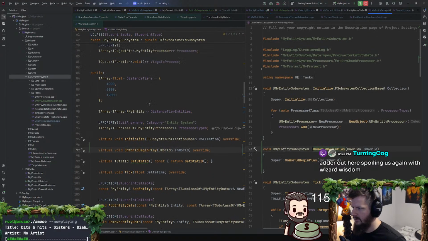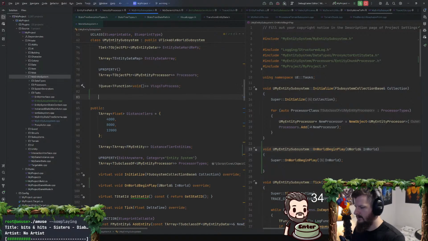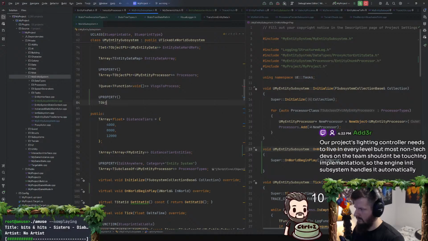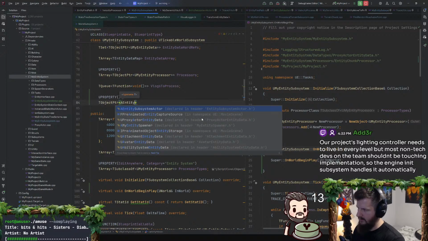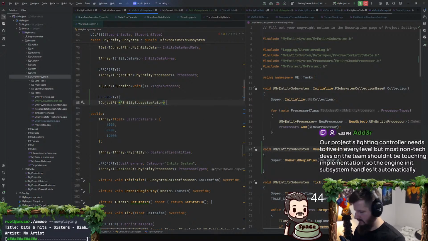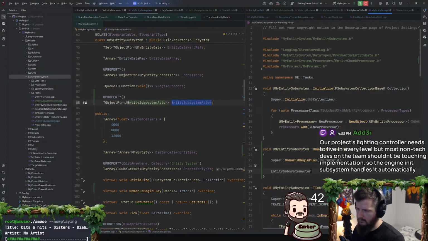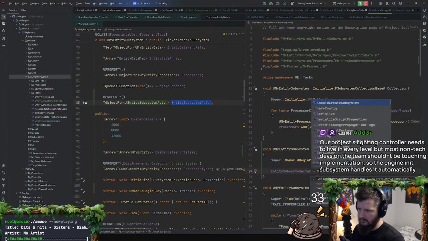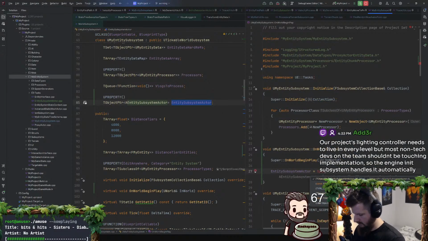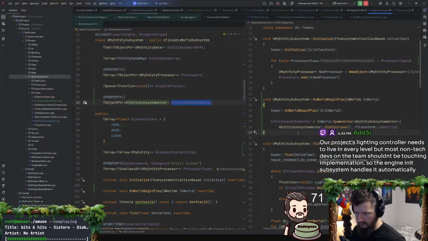Then in here, world begin play. That can be private. An entity subsystem actor. Yeah, just spawn it.